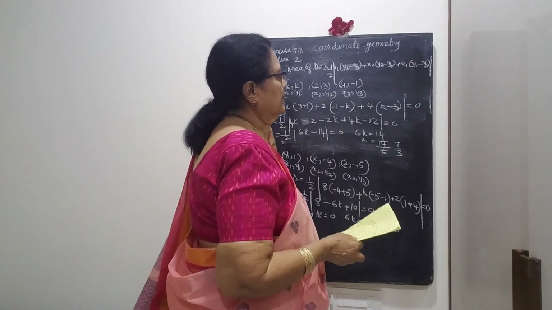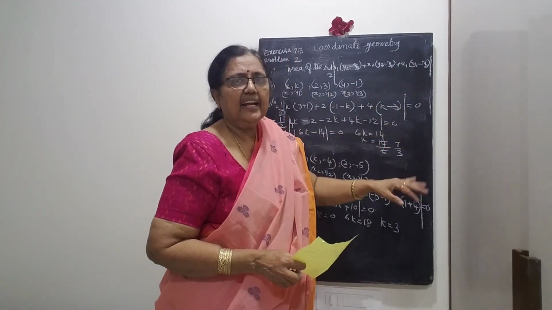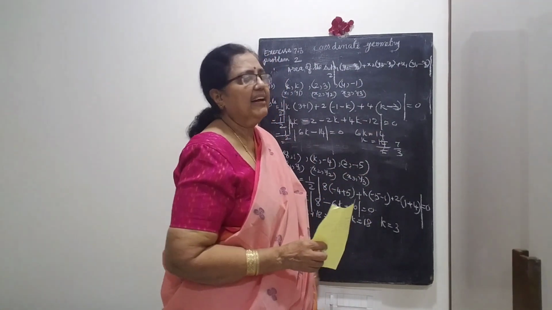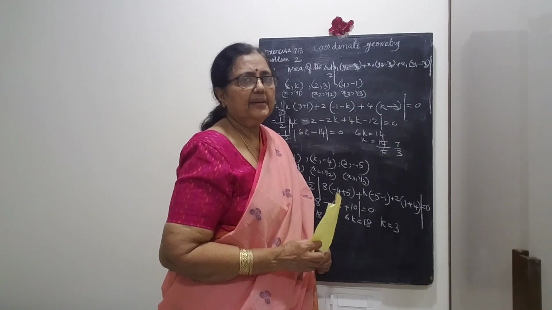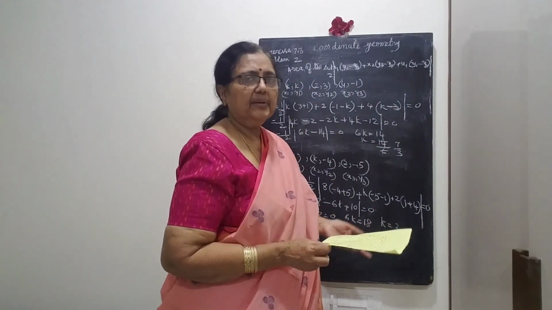So this is the third bit. Same formula: you equate the area of the triangle formula with 0 and you can get the value of k. So all the 3 bits are finished and we will do the third problem in the next video.